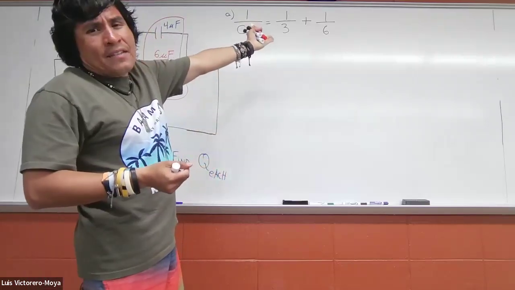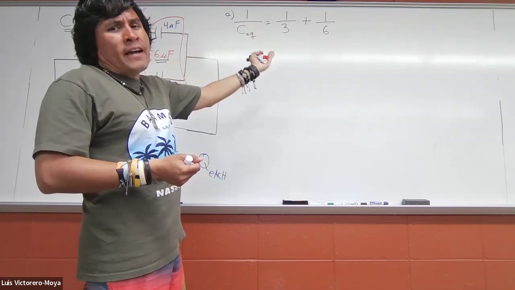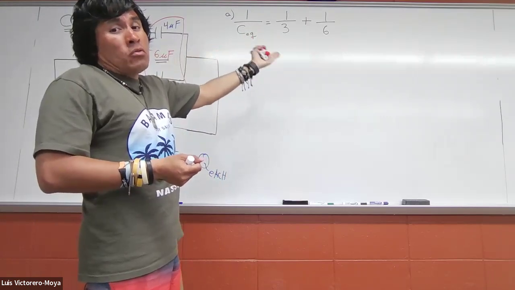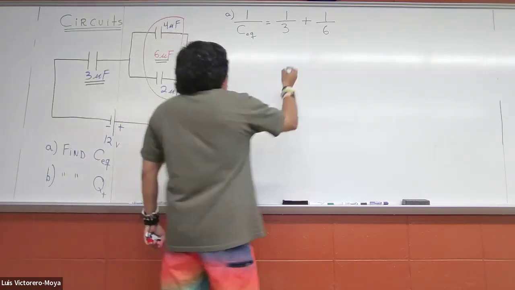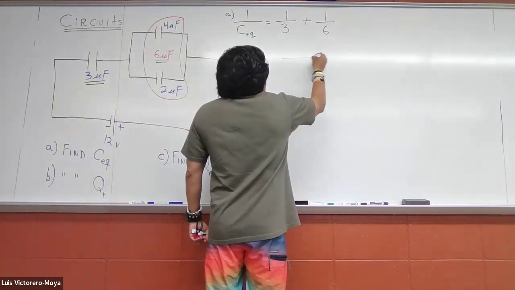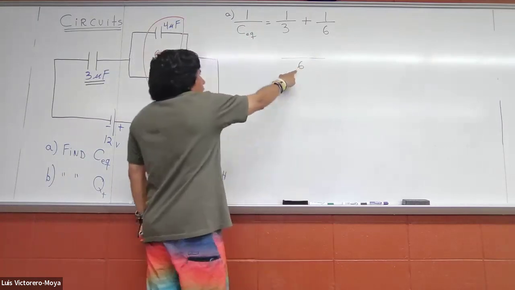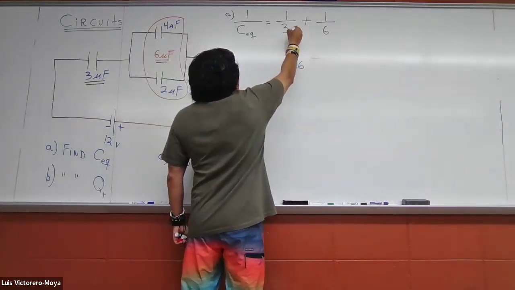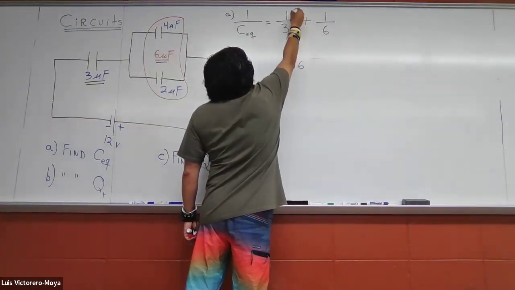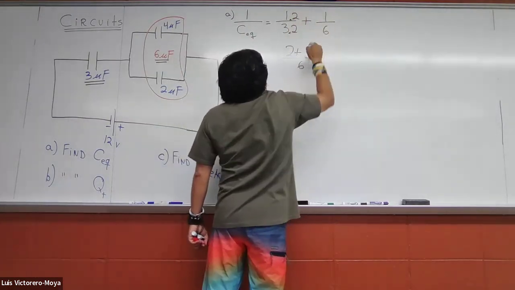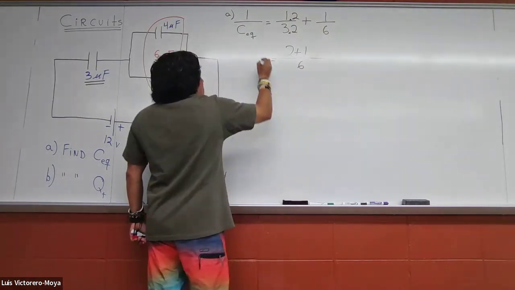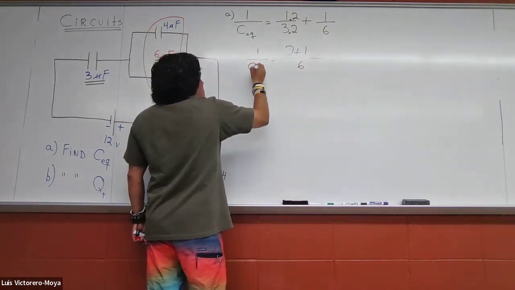Because the numbers are easy there, I can easily find the common denominator. Between 3 and 6, the common denominator is 6. So I write 6 here. That's the common denominator. And here I multiply by 2, by 2. So this is 2. And if this is 6, you just write 1. So that's 1 over C equivalent.